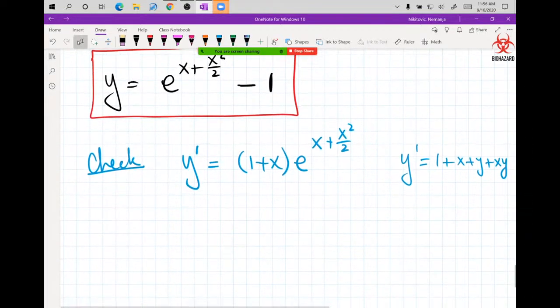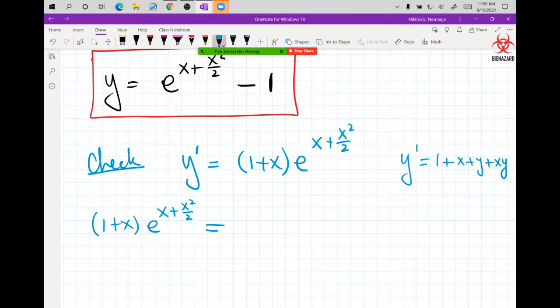So I have 1 plus x e to the x plus x squared over 2 should be the same as 1 plus x plus y, which is e to the x plus x squared over 2 minus 1, and then plus x times y, which is e to the x plus x squared over 2 minus 1.